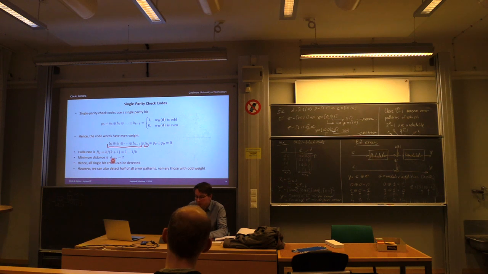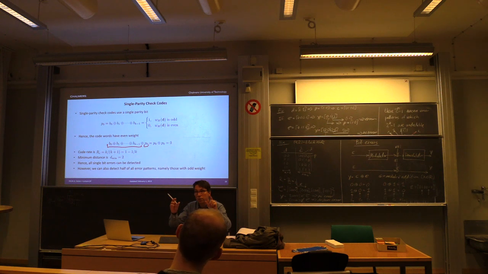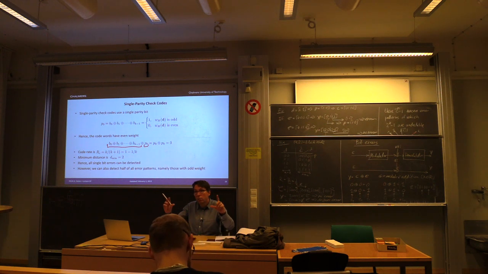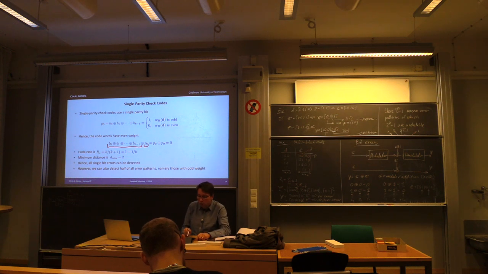The minimum distance is 2. Okay, we go from one even pattern to another even pattern. We need to change 2 bits, right? If we change from an even number of ones, if we change one of the bits in that pattern, we get an odd number of ones. So minimum distance is 2, so all single bit errors can be detected, for sure.